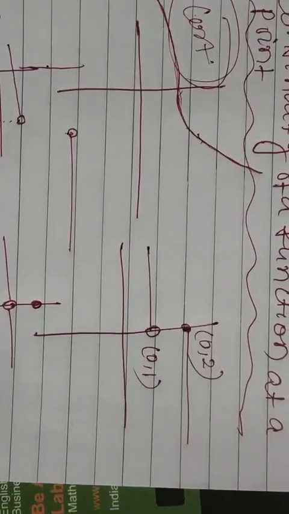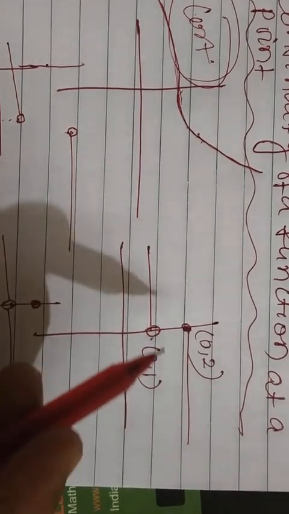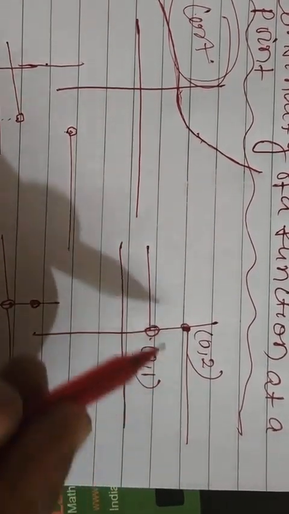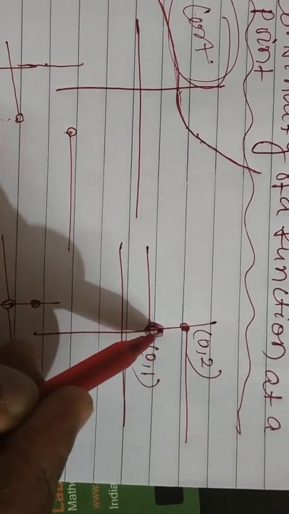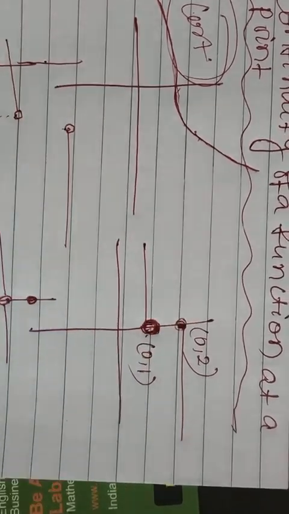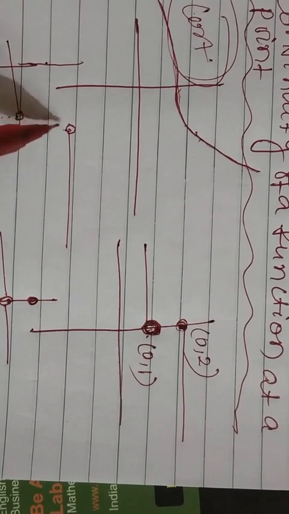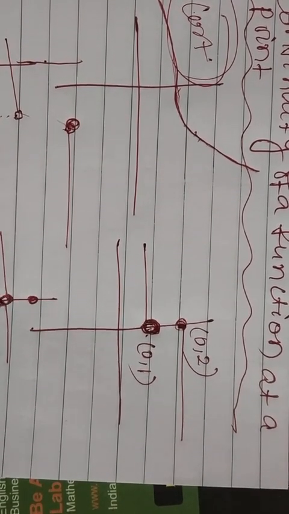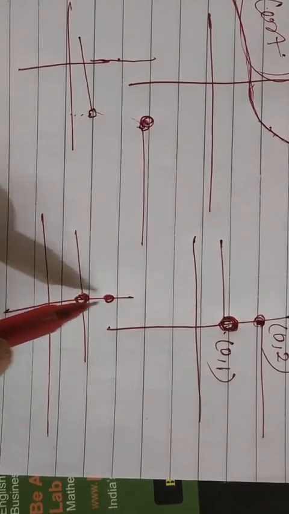Here you see, in this situation, there is a break, a jump in the function. Here, this is the point where it is not continuous. Here, this is the point where it is not continuous. Here you see there is a gap, and at this point, the function's value is here.